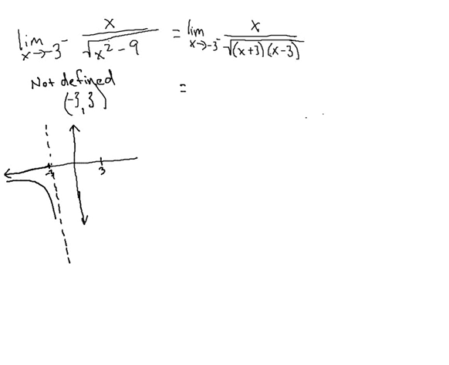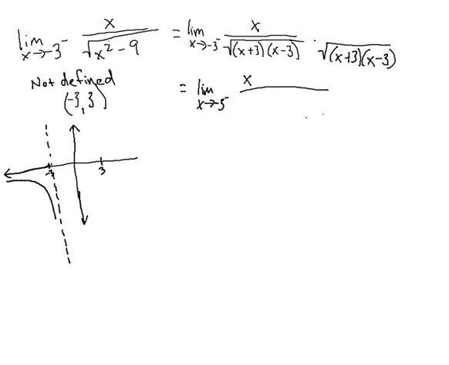One thing that we can do from here is say the limit as x goes to negative 3 on the left. We can rationalize out this square root by multiplying the top and the bottom by square root of x plus 3 times x minus 3.